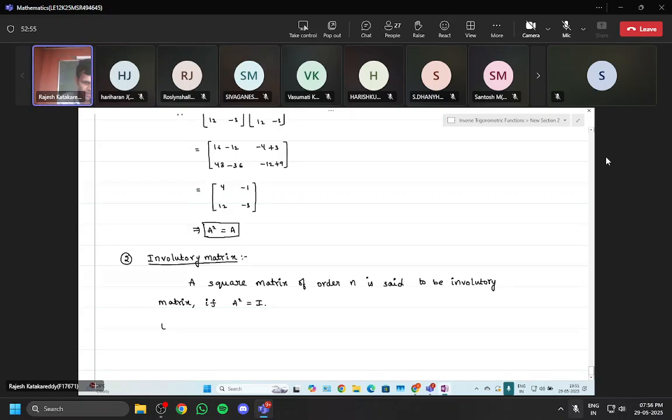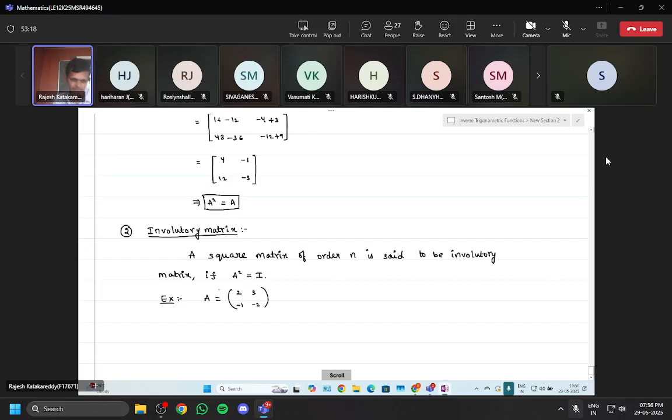So one example here. You take matrix A equals 2, 3, minus 1 and minus 2. 2, 3, minus 1 and minus 2 is an example for involutory matrix. If we are calculating A square in this, 2, 3, minus 1, minus 2, times 2, 3, minus 1, minus 2.